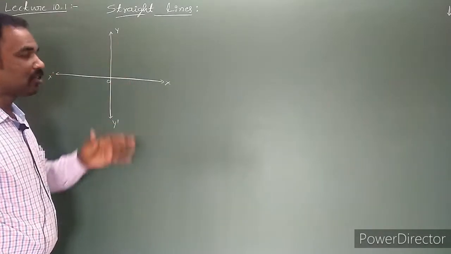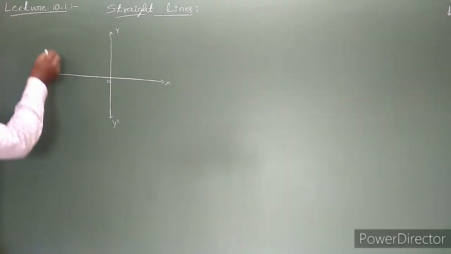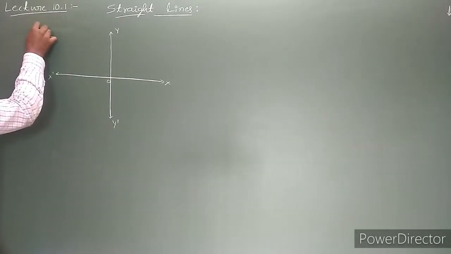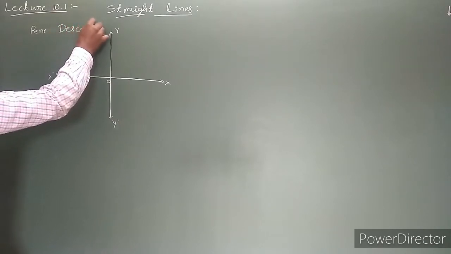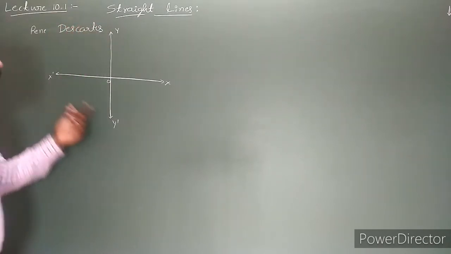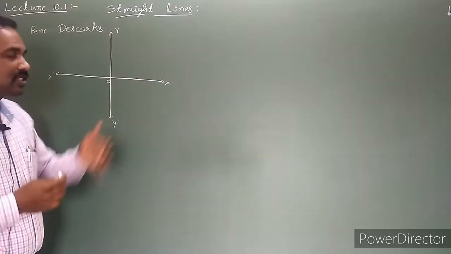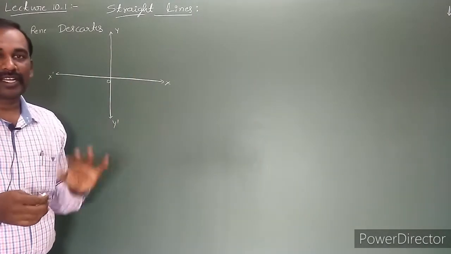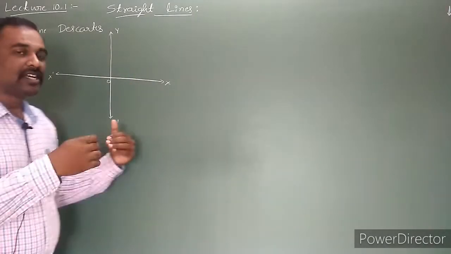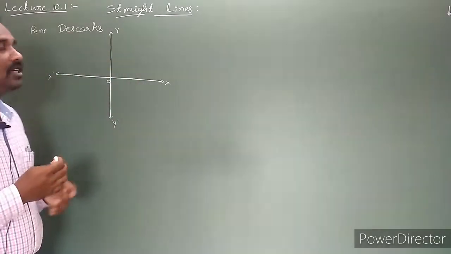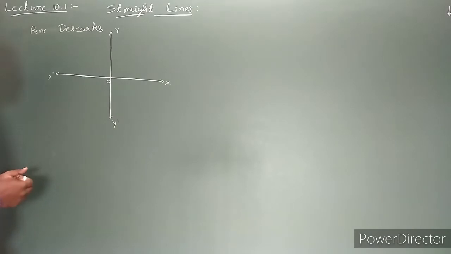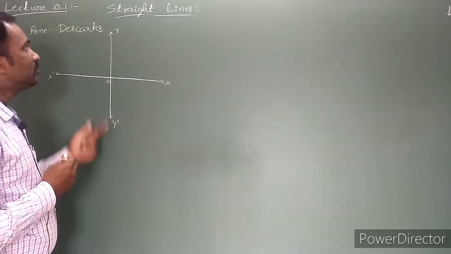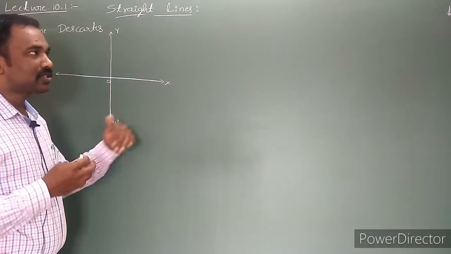This xy plane concept was developed by the French mathematician René Descartes, who invented two-dimensional geometry. The xy plane, the line, and whatever concepts there are regarding the line were invented by the French mathematician René Descartes.